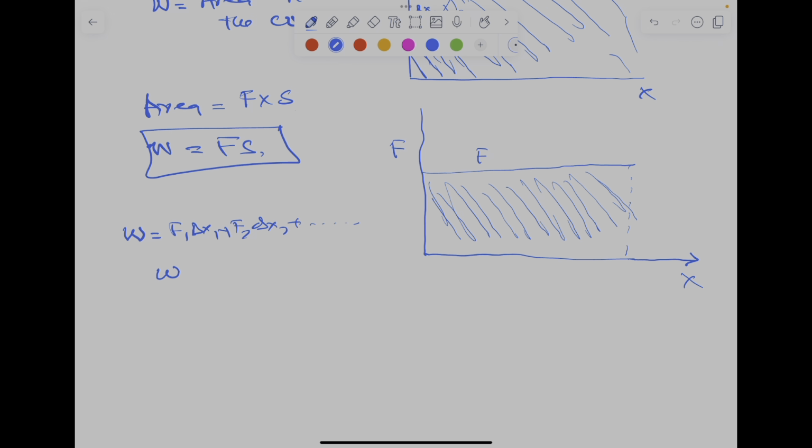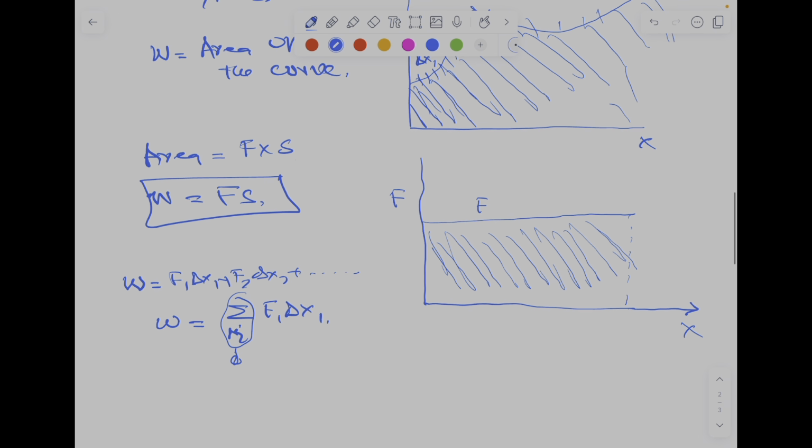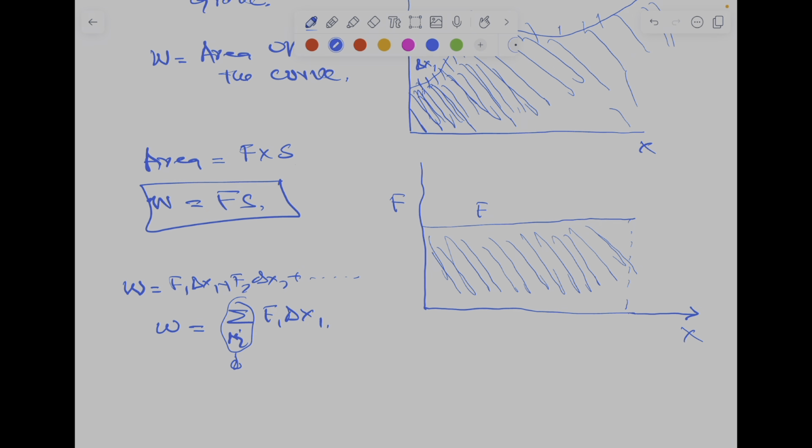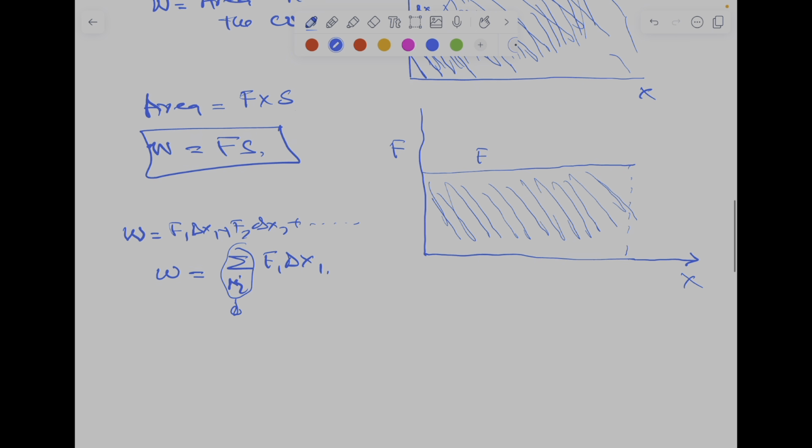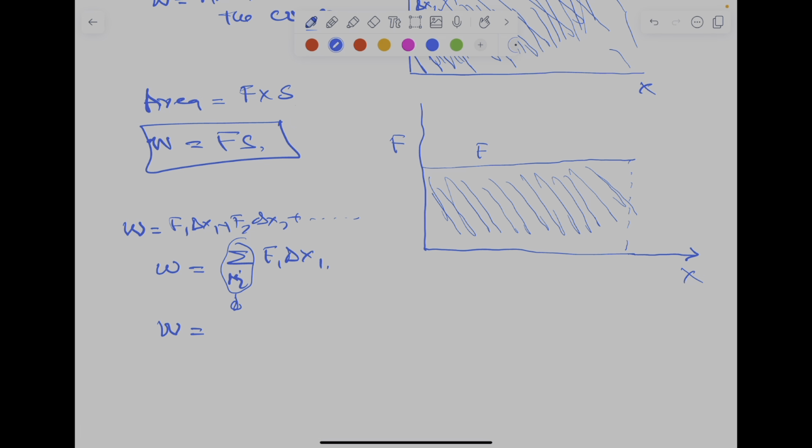Then you sum all the parts, sum of fi delta xi, and for summation we use integration, which has the physical interpretation of area under the curve. So your work done is the integral from position 1 to position 2 of f along x dx. So this becomes your work.